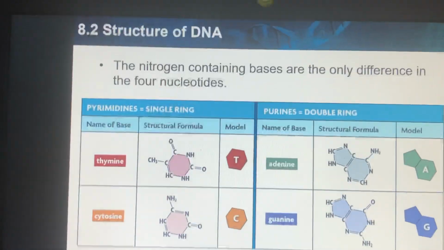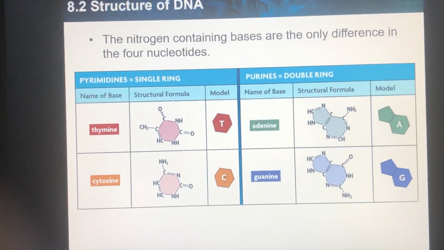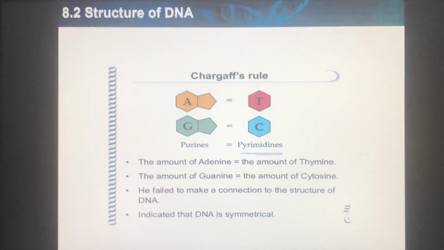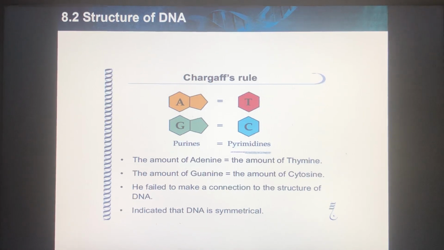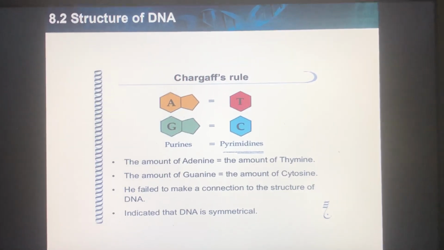After that, another scientist called Chargaff started to analyze the DNA to find out the proportion of ATGC as the 4 nucleotides.